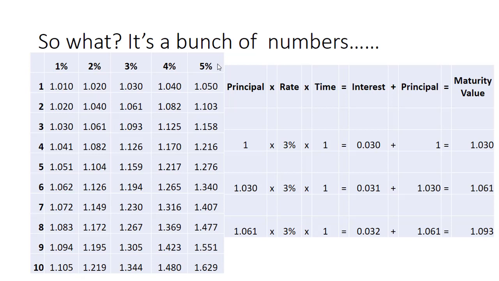You could even go down to 0.1% if you really wanted to, but usually they keep it in whole percents or whole and a half, like 1.5%, just because your spreadsheet gets quite large. But for a basic table, it's usually whole percents along the top, and then along the side, they have the time period. So 1 year, 1 time period, 2 years, 2 time periods, 3 years, 3 time periods. Pretty simple, pretty basic.